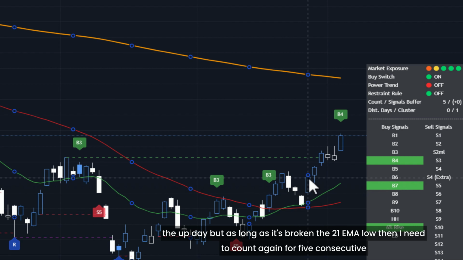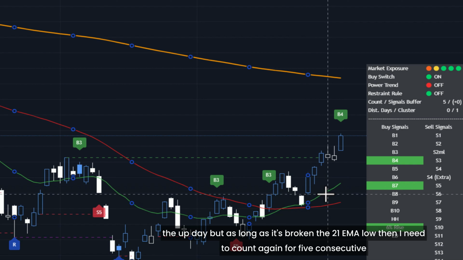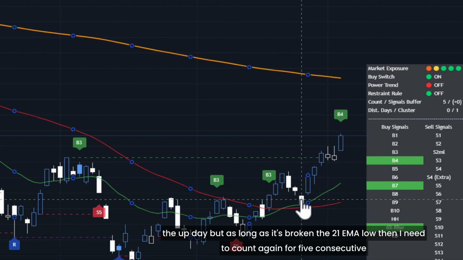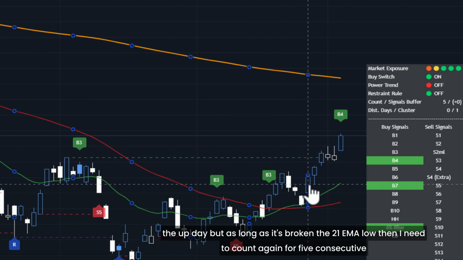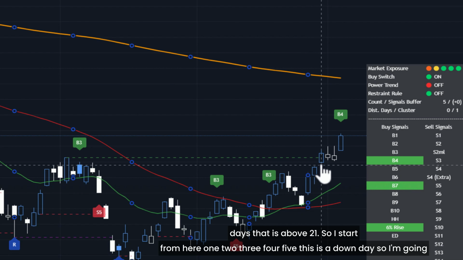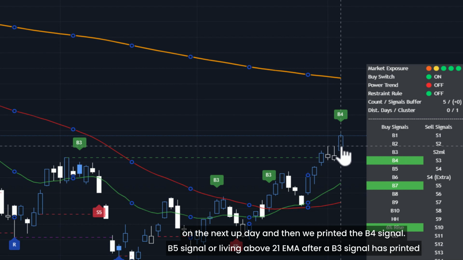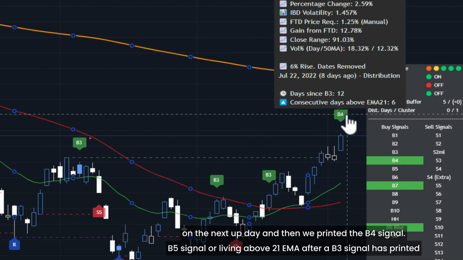We were waiting for the up day, but as long as it broke the 21 EMA low, then I need to count again for 5 consecutive days that are above 21. So I start from here, 1, 2, 3, 4, 5. This is a down day, so I'm going to the next up day, and then we print the B4 signal.